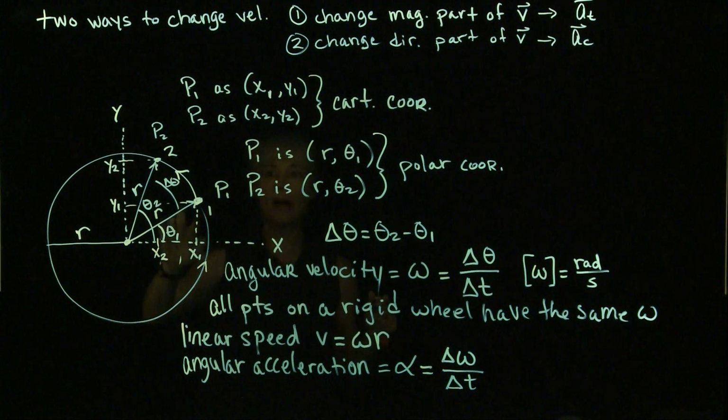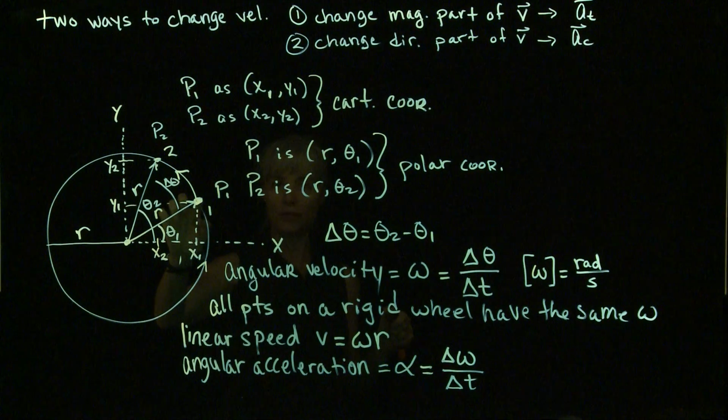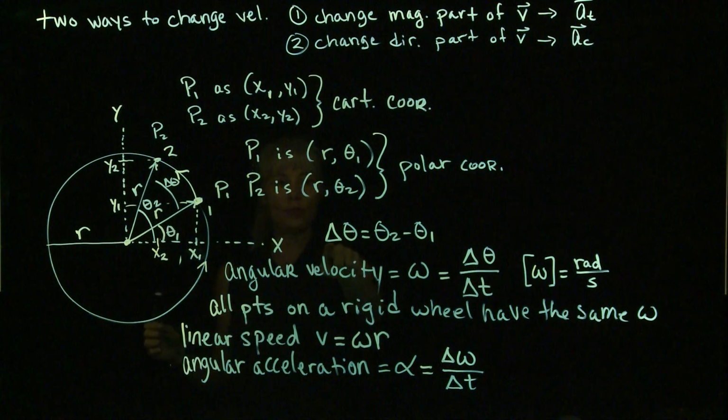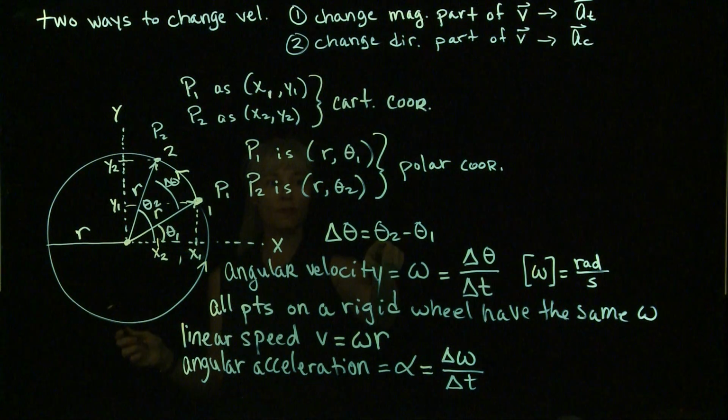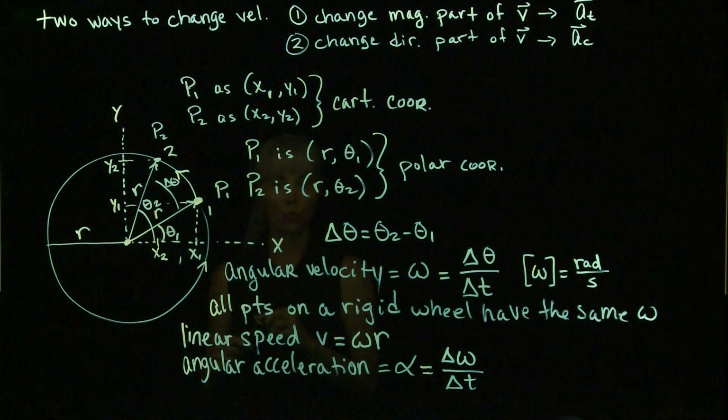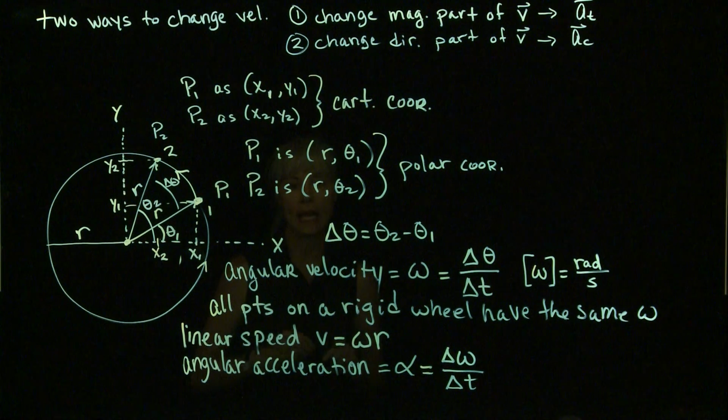I can talk about the angle through which my dust particle moves as it moves from position 1 to position 2. And so the change in angle is defined as theta 2, the final angle, minus the initial angle, theta 1. So that's the change in the angle.